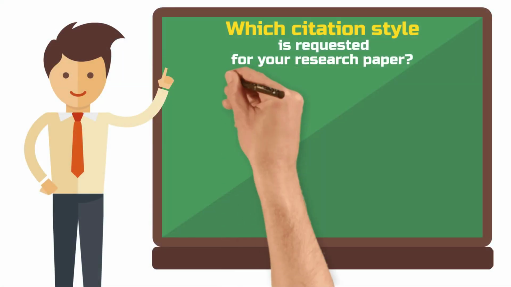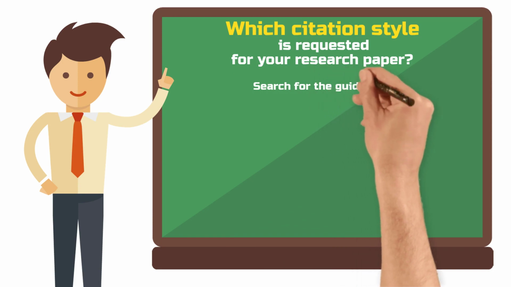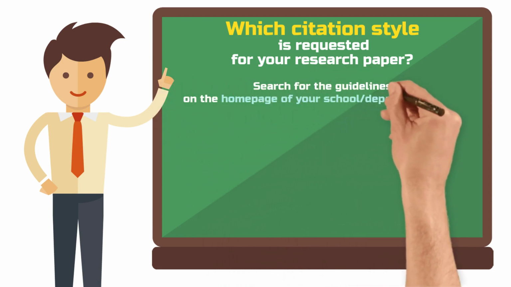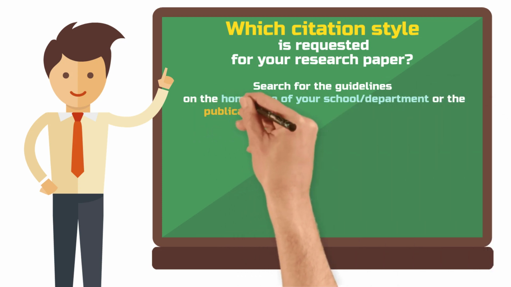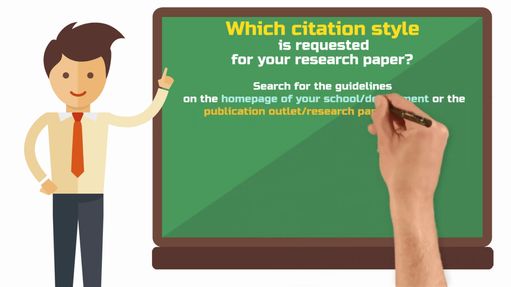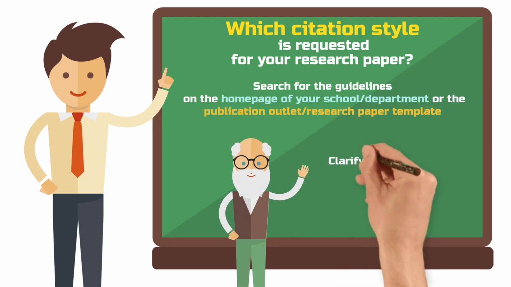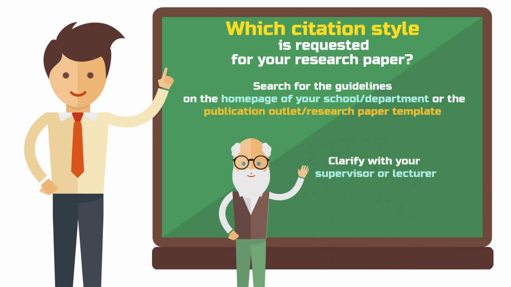If you want to publish your paper in an academic journal or in conference proceedings, the website of the publication outlet or the paper template will tell you what citation style they request. But back to the situation in which you prepare your paper as an assignment. If you can't find the information online, you should definitely clarify with your advisor which citation style you can agree on for your paper or thesis.